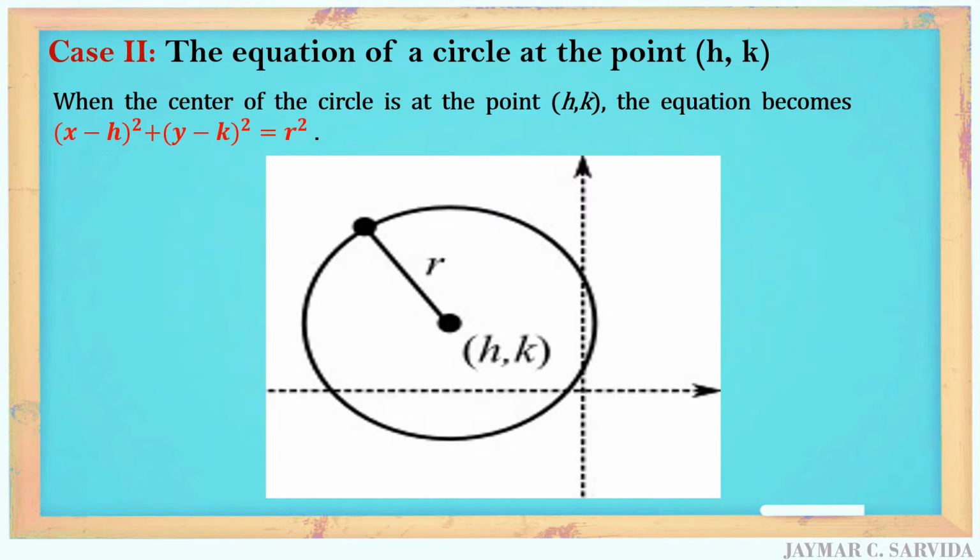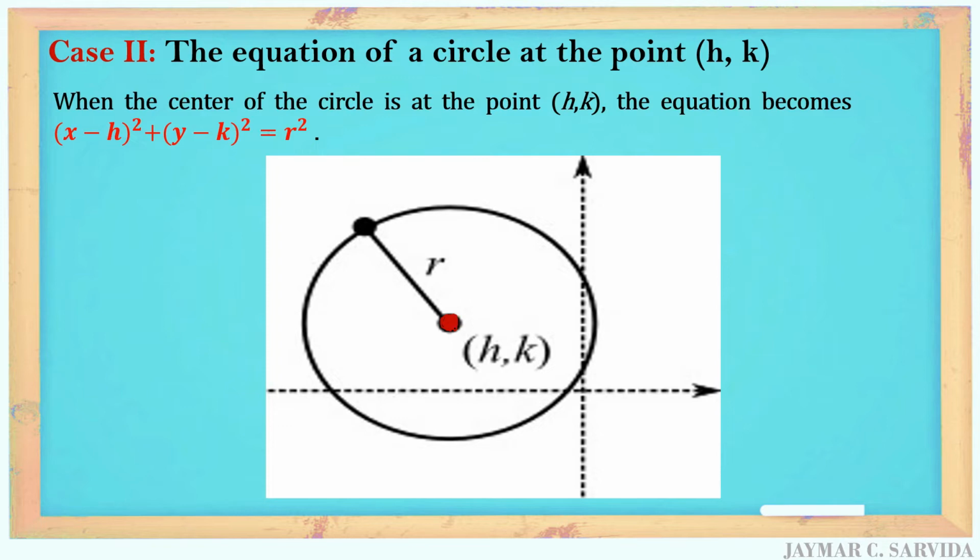So here's the illustration for case 2. The center is not at the origin, so it is not (0, 0). The center is right here. That is (h, k).